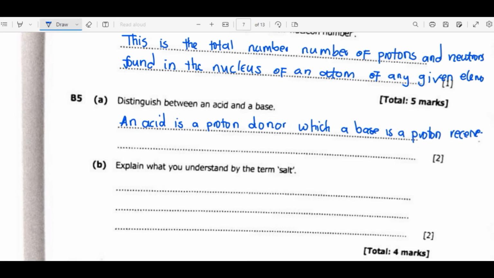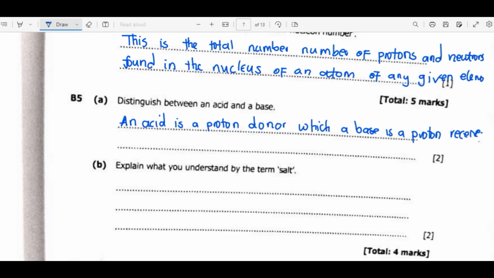Then if we want, we can also say an acid produces positive hydrogen ions when dissolved in water, while a base produces negative hydroxide ions when dissolved in water. So that's also a distinction that we can give.